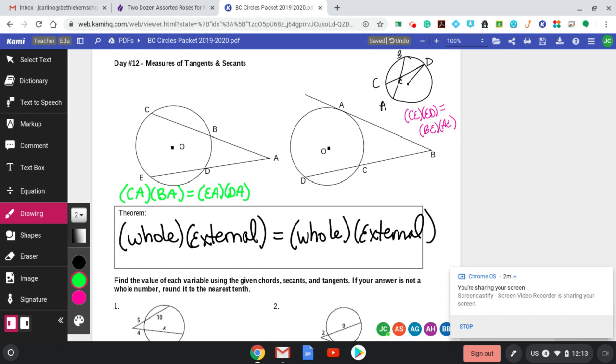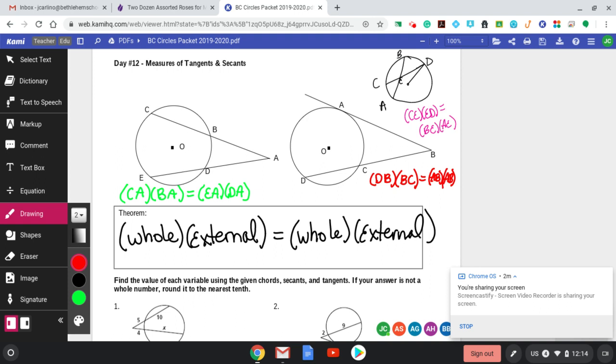All right. Now over here, I have a tangent BA and a secant DB. So now this would be whole secant DB times its external part, BC, equals whole tangent AB, times its external part, which is still AB.